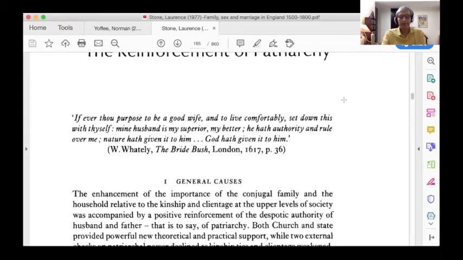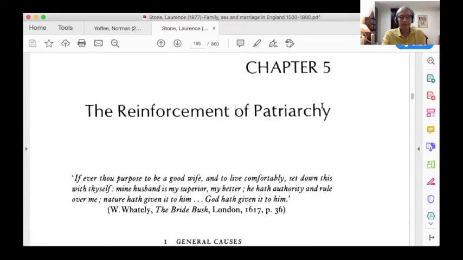The last part I want to describe in today's class is the section from chapter 5, which is on the reinforcement of patriarchy.